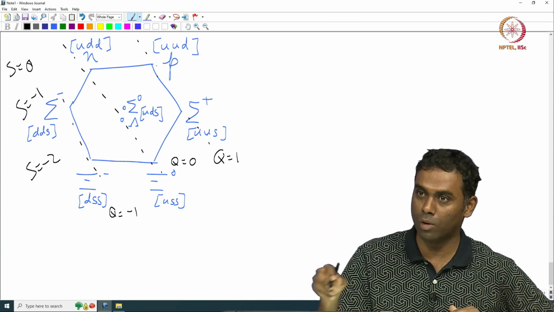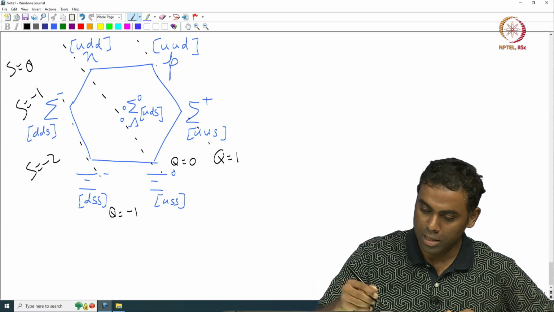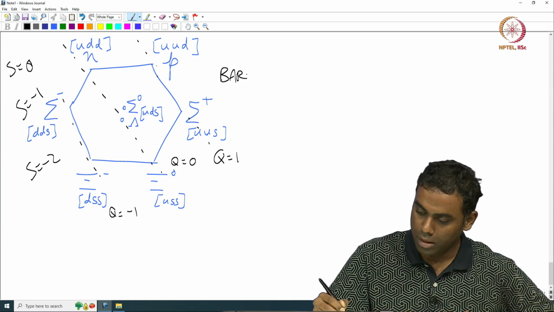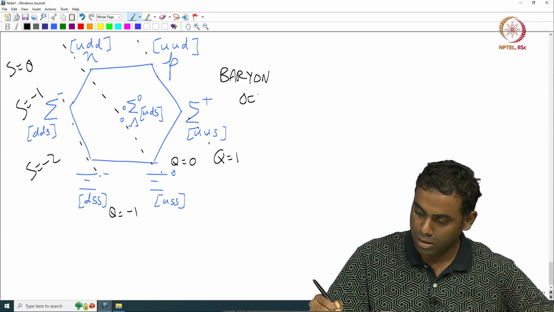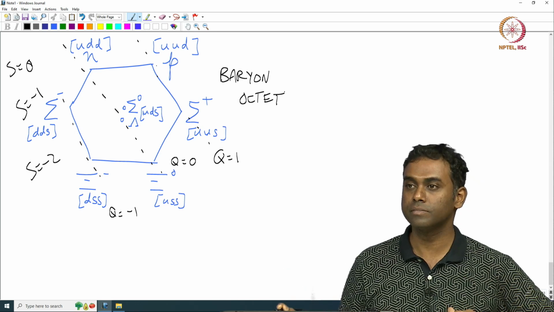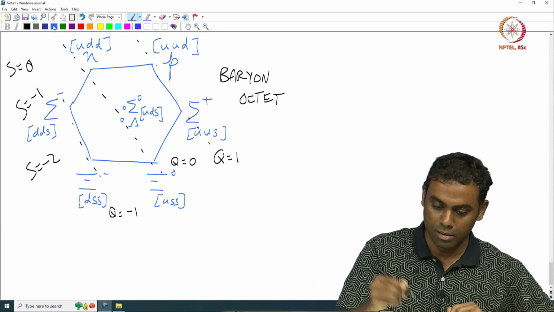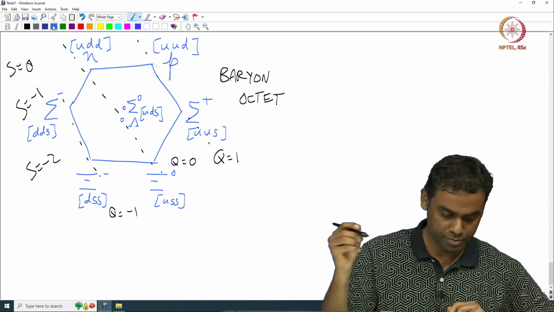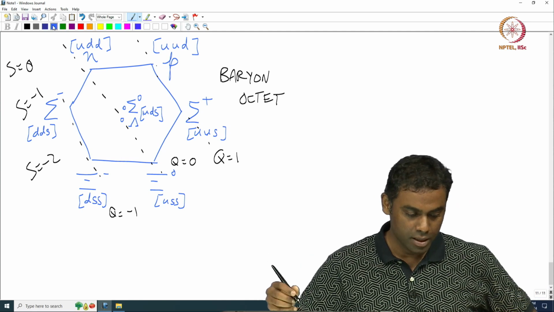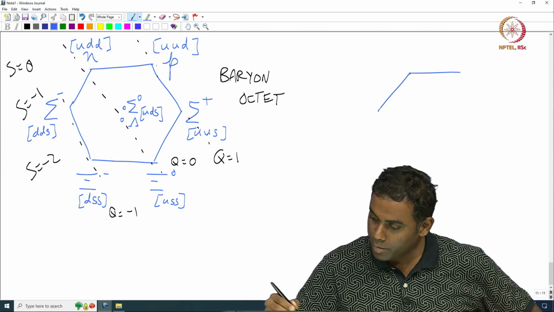So, this particular one, because it contains 8 baryons, is called the baryon octet. There are other fancy things that you can draw. Let me draw one of the famous ones.